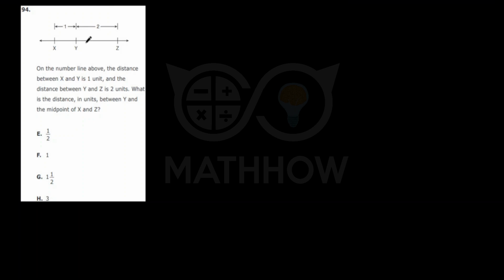And the distance from x to the midpoint, or from the midpoint to z, will be 3 divided by 2, or it can be written as 1 whole 1 by 2. This is the distance from x to the midpoint, or from the midpoint to z of the line segment xz.